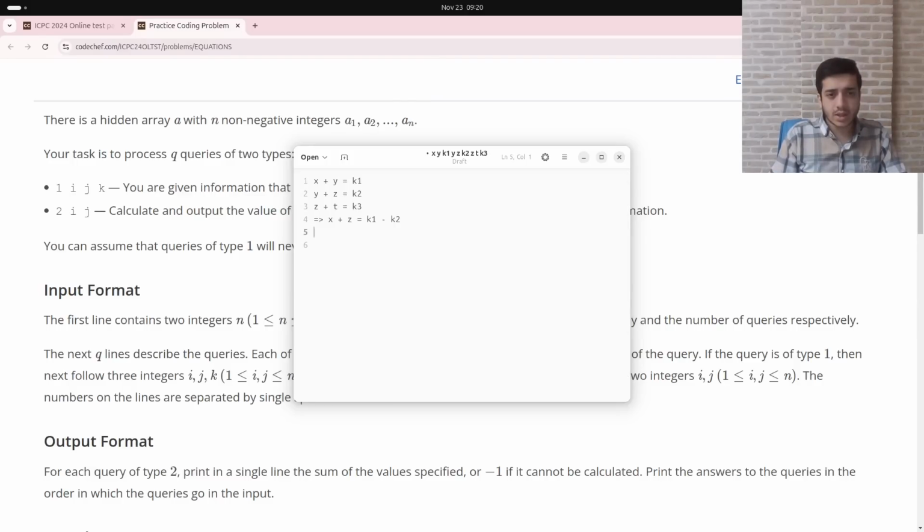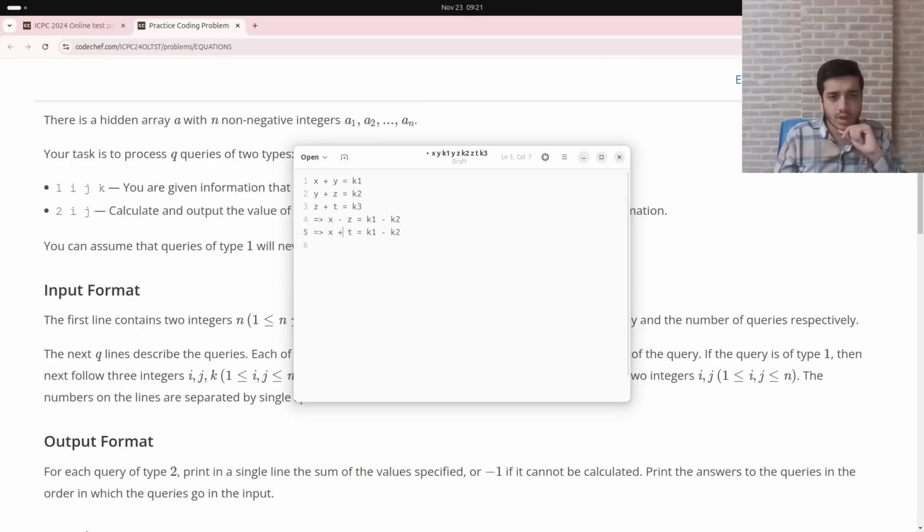In that case, we can say that x plus t is k1 minus k2. Oh no, it's like this: k1 minus k2.